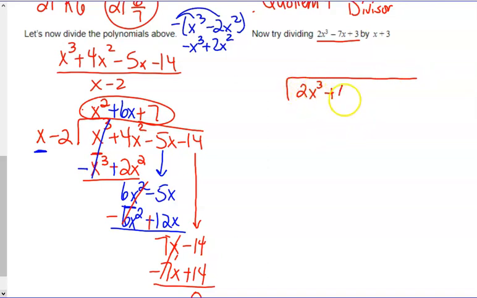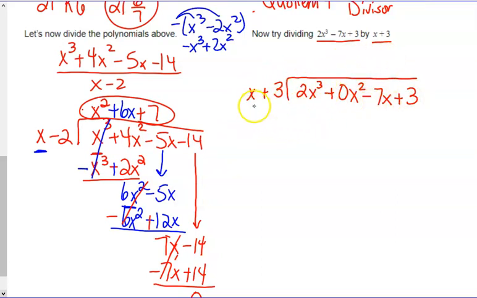But because I have an x squared term missing, I'm going to do a placeholder of a 0 there. Then I'm going to do my power of 1 and then no power with our constant at the end. So then I'm going to divide that by an x plus 3. That is my divisor. And now we are out to find what do I multiply x plus 3 by to get this back. And that would be my quotient that I get.